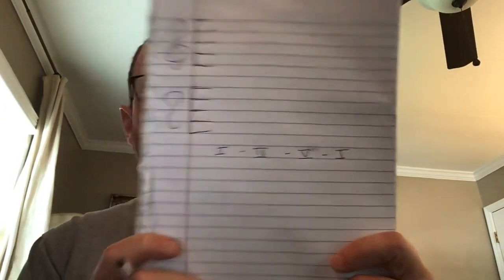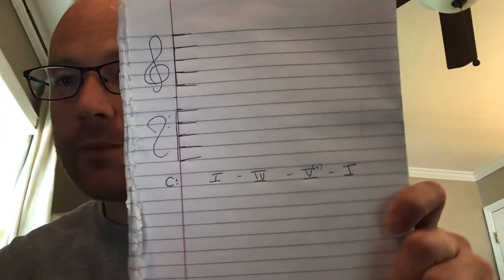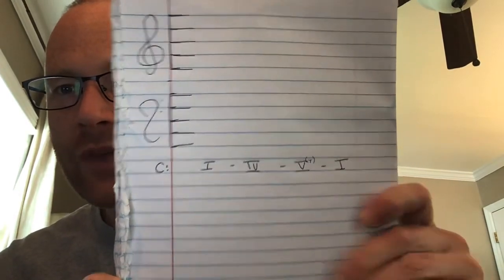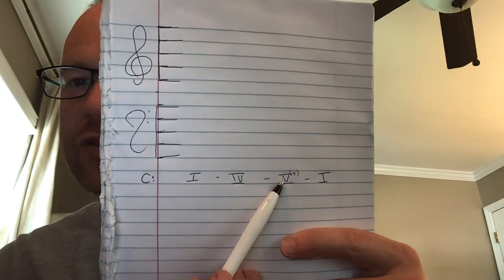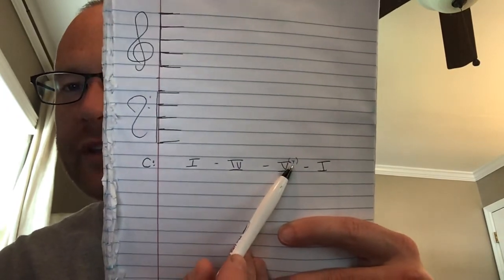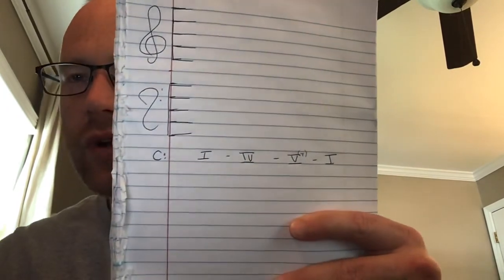I'm going to pick C major. I want you to pick something different, but it does need to be a major key for this example. So I've got my major 1 in C major, major 4, major 5, and we'll talk about putting a 7 in there as well into the 1.